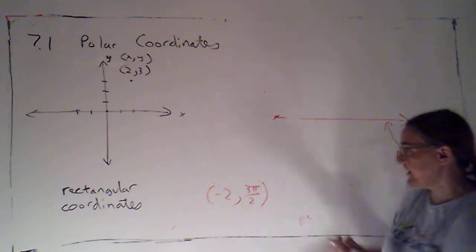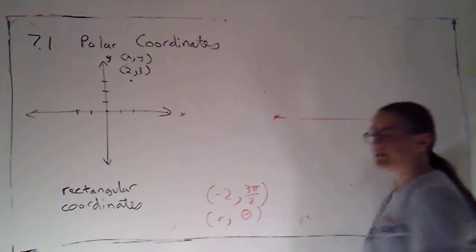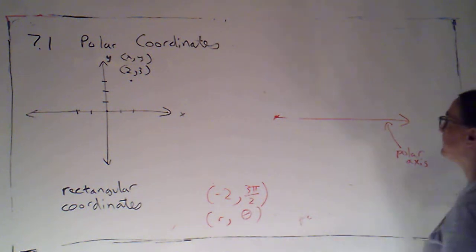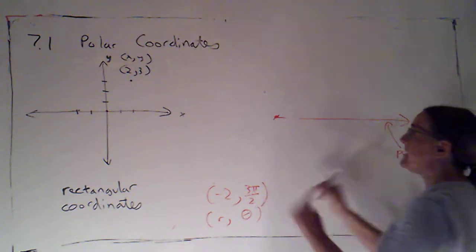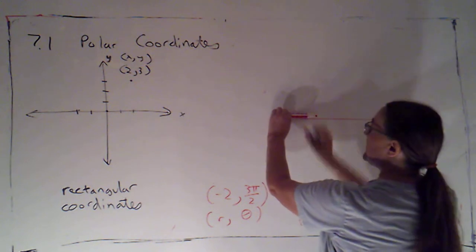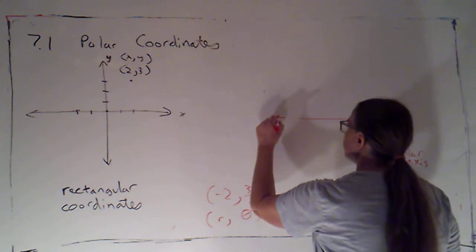So my r value is -2. My theta value is 3 pi over 2. Okay. So I'm going to first of all draw the ray determined by my theta value. So starting on the polar axis, we're going to rotate 3 pi over 2.